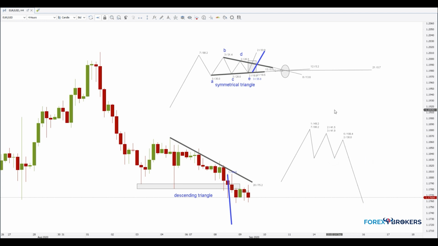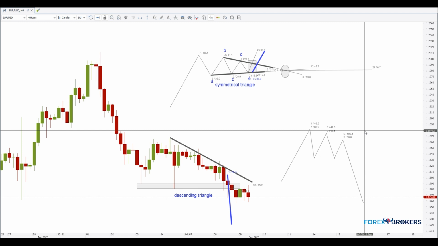So whenever you see this three times, this seesaw-looking pattern, this is a contracting triangle.